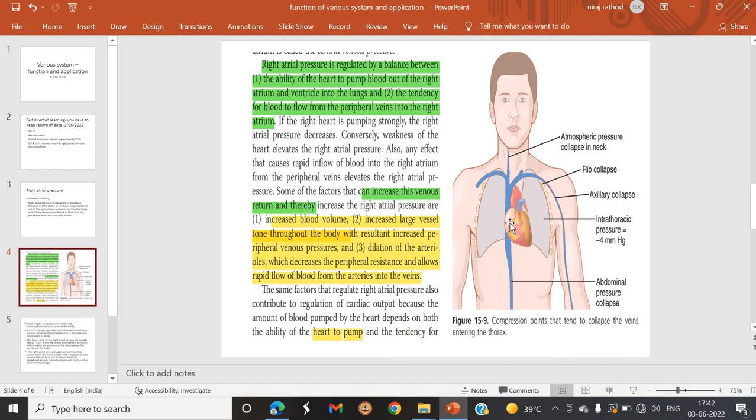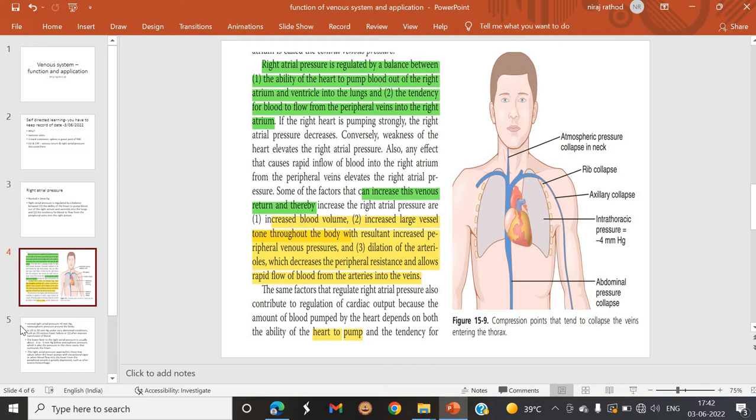Or you can see by a longer route that you are dilating the arteries. There is an excessive dilation of arteries, so from arteries to veins, blood passes very fast because of massive dilation. So ultimately, on a longer run, more blood is coming to the vein, to the right atrial pressure.